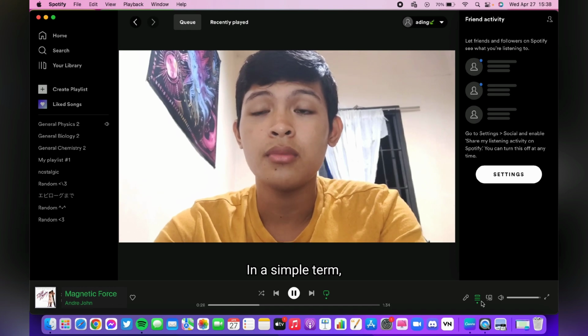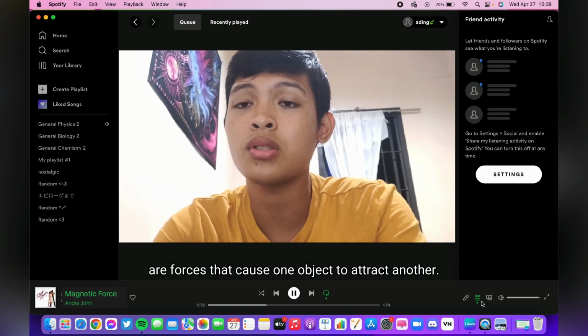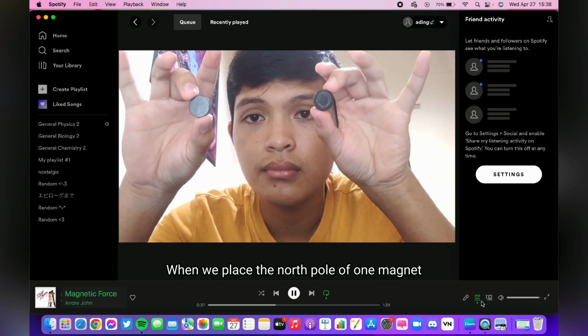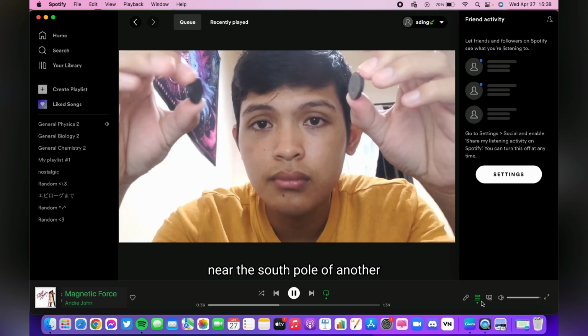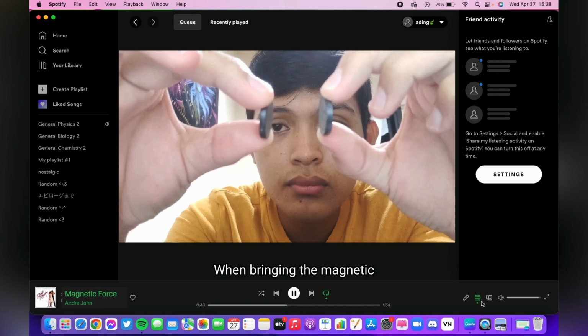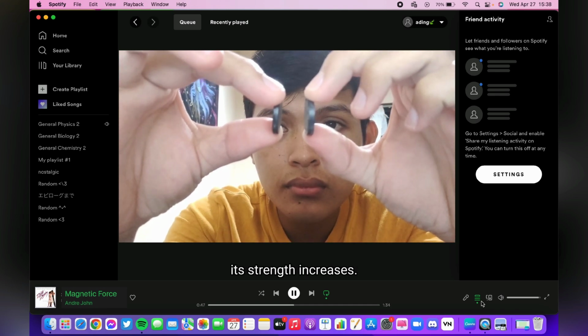In simple terms, attractive forces are forces that cause one object to attract another. When we place the north pole of one magnet near the south pole of another, they are attracted to each other.